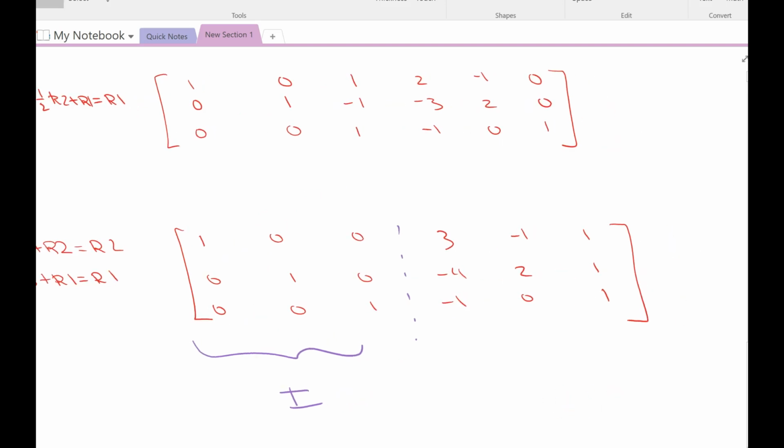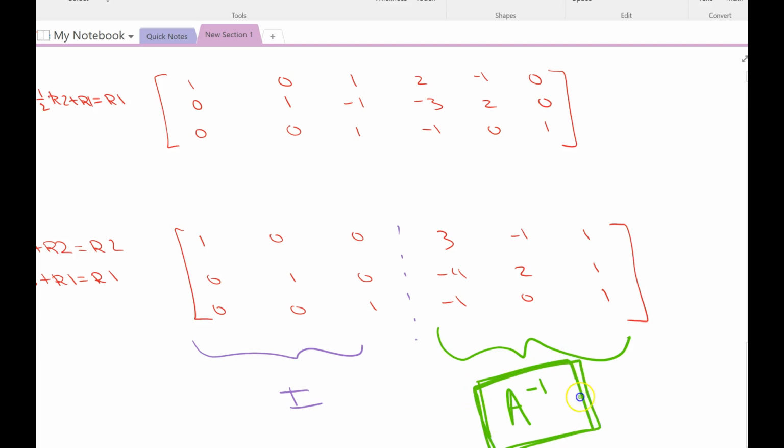Because we started out with A over here, and it was I over here, when you've accomplished this, guess what is on the right-hand side? This is the inverse of matrix A. Isn't that wild? Just completely wild. You have just found the inverse of A.